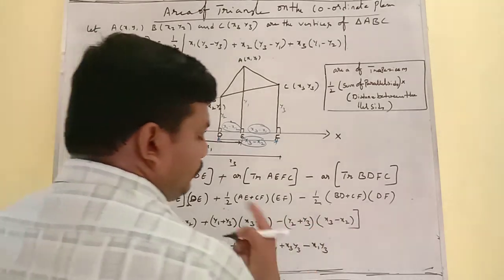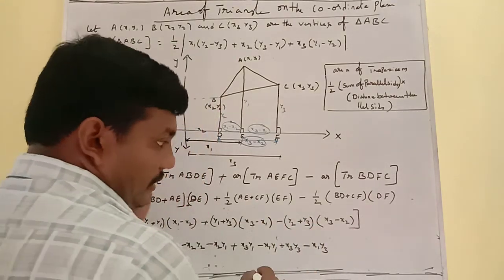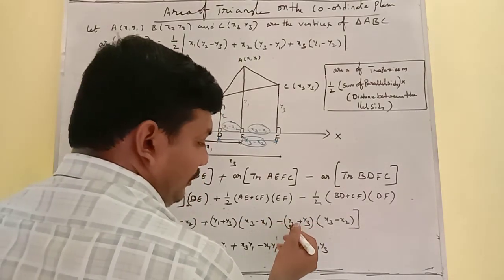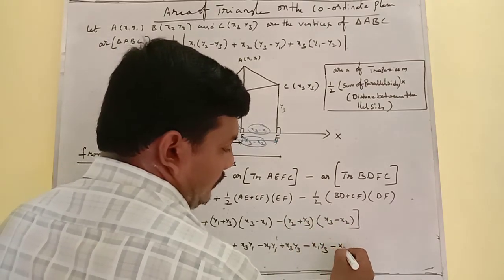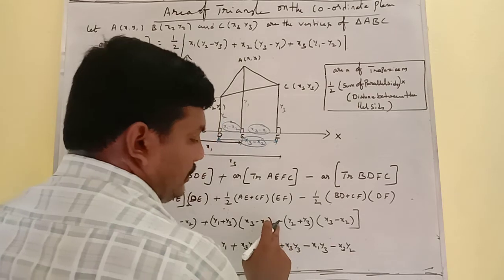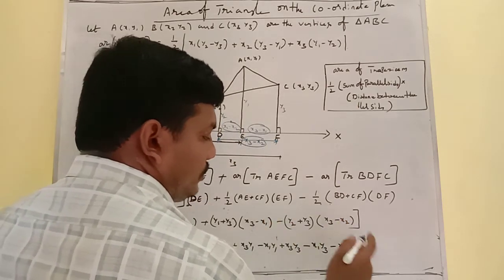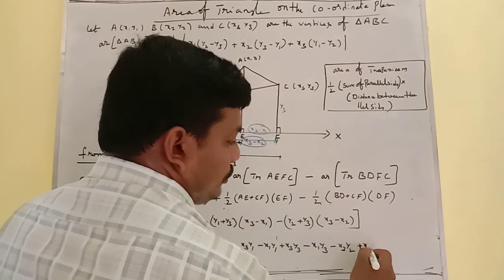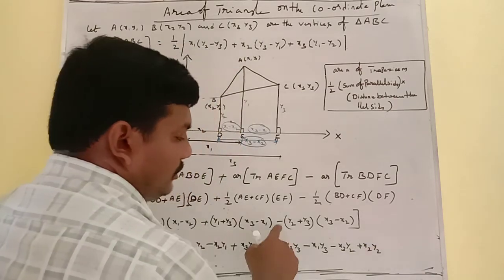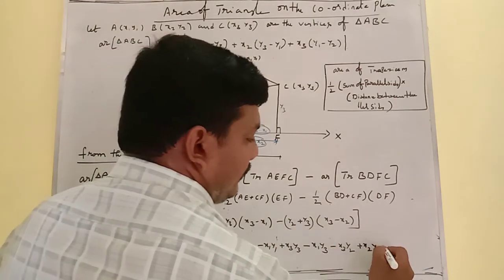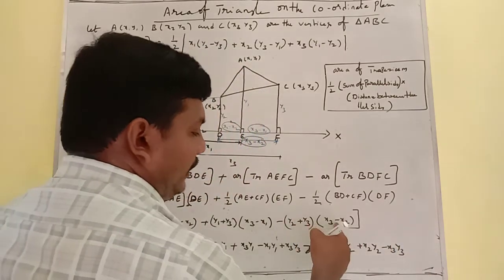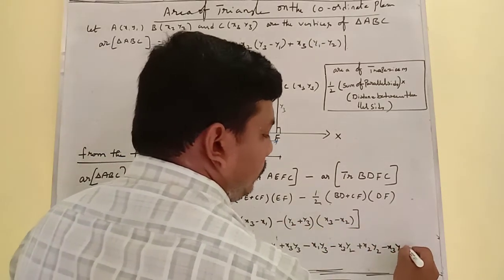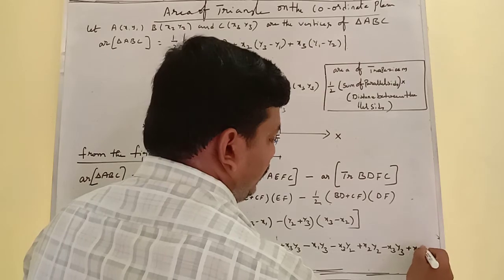Next, this is the minus symbol, which means we multiply with minus. Y2 into x3 is minus x3 y2. Next, minus y2 into x2, that is plus x2 y2. Next, minus y3 into x3, that is minus x3 y3. Minus into minus plus y3 x2, that is plus x2 y3.